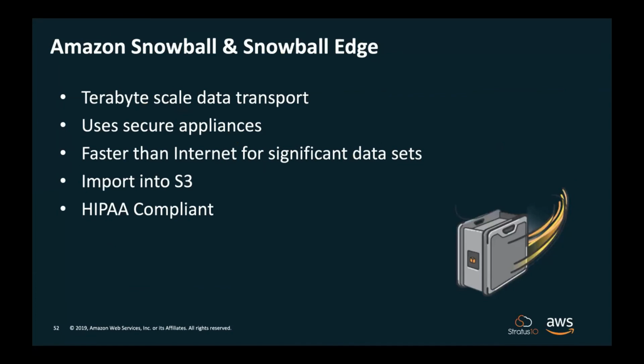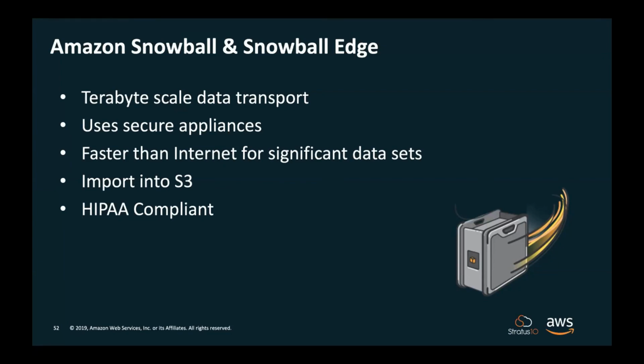And then let's say you just have terabytes of data that you are interested in getting into the cloud. Using the traditional internet might not work for you. And here is where Snowball and Snowball Edge come in. The original Snowball Edge had a 50 and 80 terabyte capacity. It's a hardened device that has an e-ink shipping label on it.